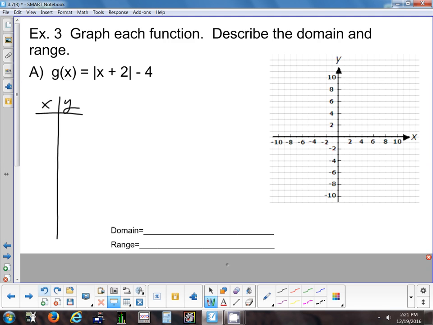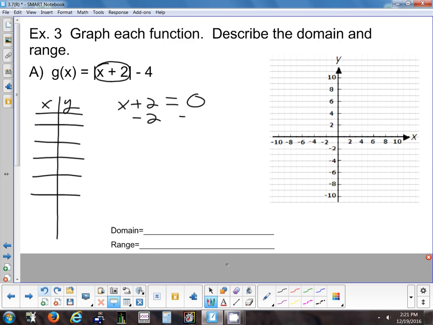Okay, how do I get that middle value in my table? Well, I don't have sides yet. I've got to create something, but you're on the right idea. You have to set everything inside the absolute value bars to 0. Set this equal to 0. Now you minus 2 from both sides.